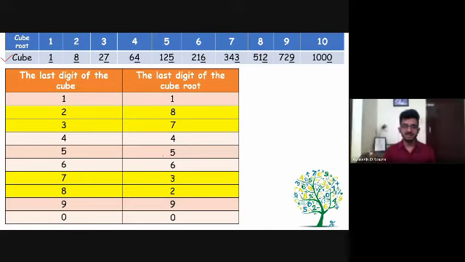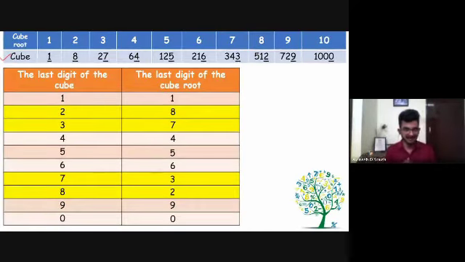And the last thing you have to remember in order to find the cube root of a given number easily: try to remember the last digit of the cube and the last digit of the cube root. The only thing you have to work on is remembering the digits above the yellow color background, that is 2, 3, 7 and 8. Whenever the cube is ending with 2, the cube root ends with 8.